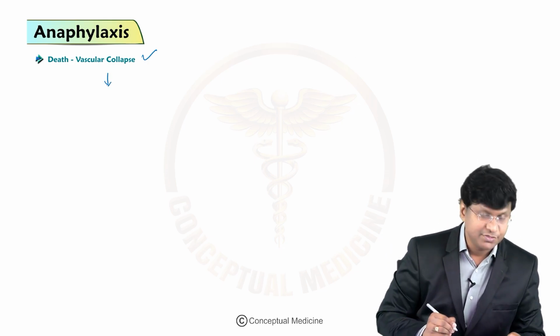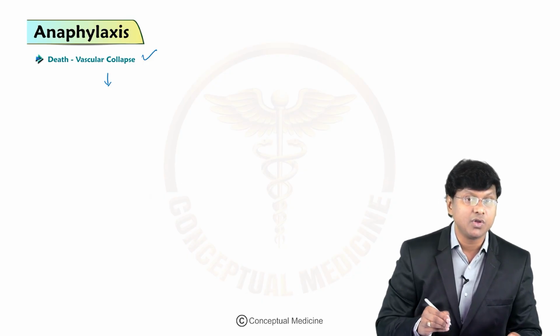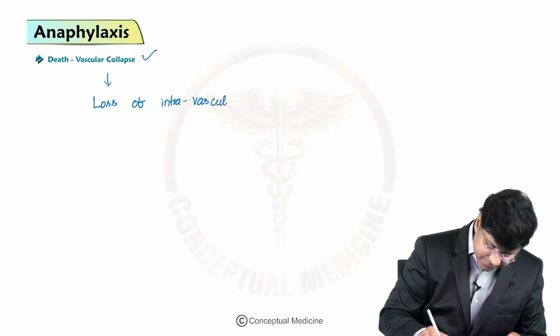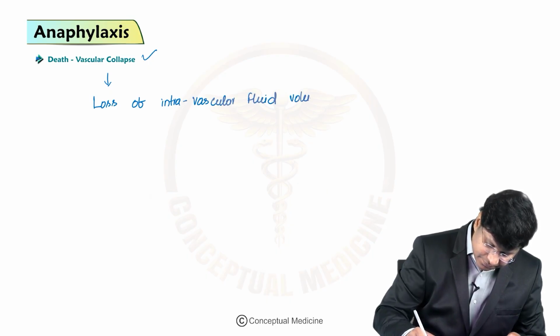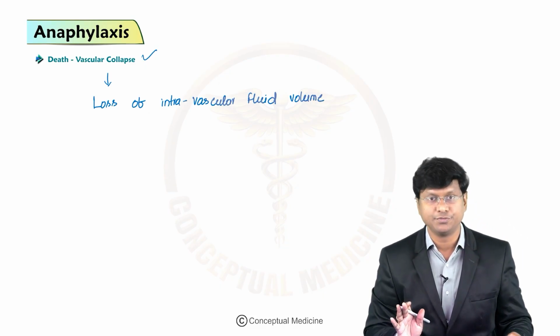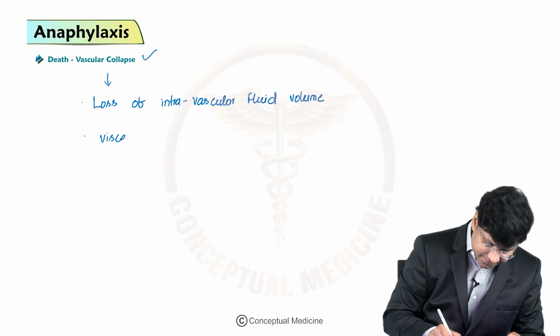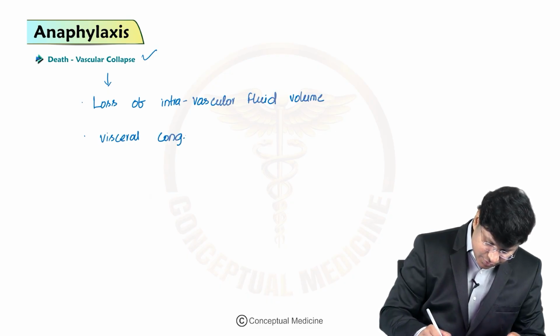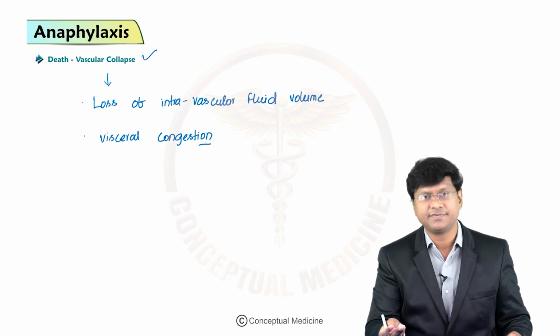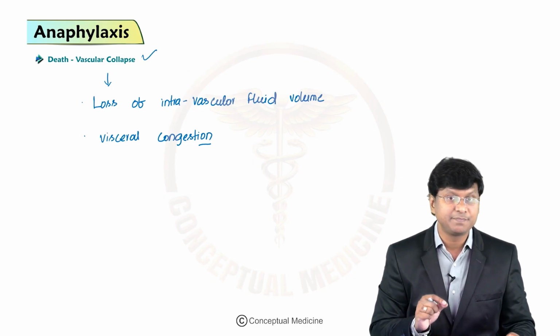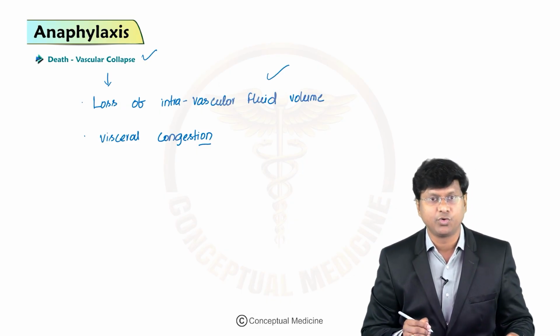So in these individuals with vascular collapse, there is loss of intravascular fluid volume and visceral congestion in the visceral organs, like the liver, kidney, spleen, and the heart.